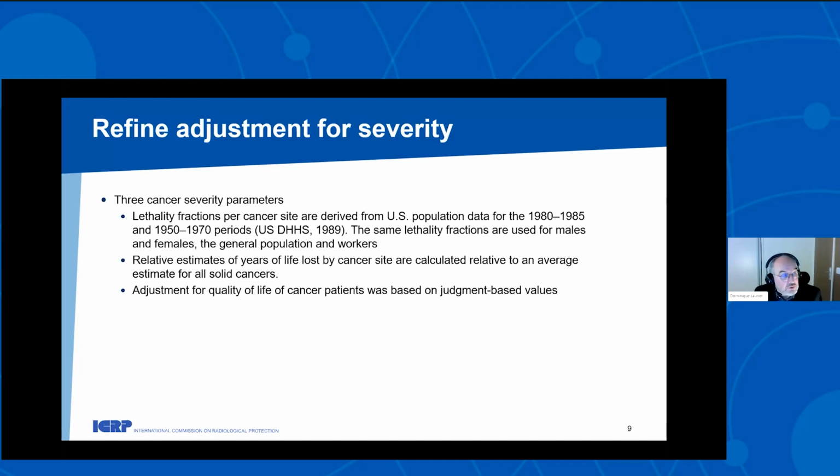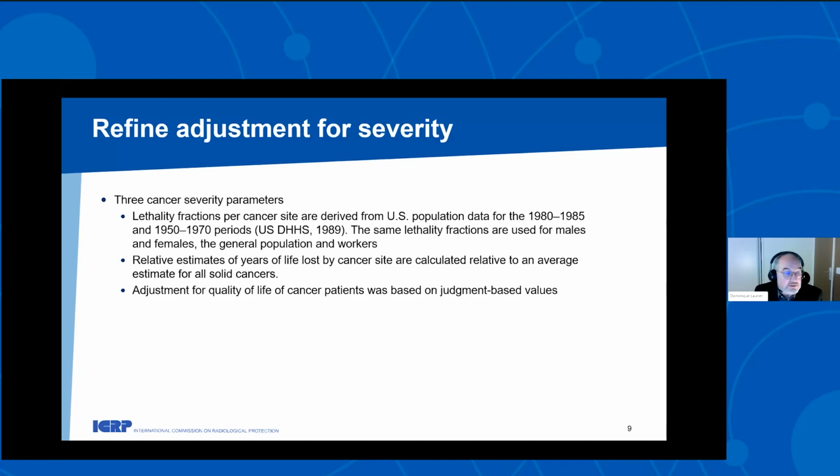At the moment, there are 3 different parameters used to weight the calculation of the lifetime cancer risk: the nominal coefficients, the lethality fraction, an estimate of the years of life lost after cancer, and the adjustment for quality of life after cancer.